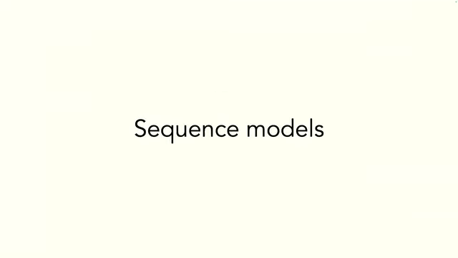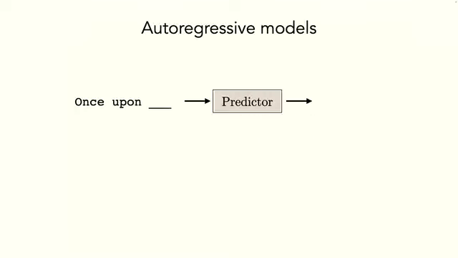Cool. Okay. Let's talk about sequence models. We just talked about a bunch of different ways that you can think about trying to model sequences. But there's this new kid in town, what we call an autoregressive model. Previously, we said we're going to have some fixed time window, we're going to be sending this memory forward, things can be infinitely long. But the idea of an autoregressive model is quite simple, and we've introduced them before. You have some beginning of a sequence, and then you ask it to predict what comes next.